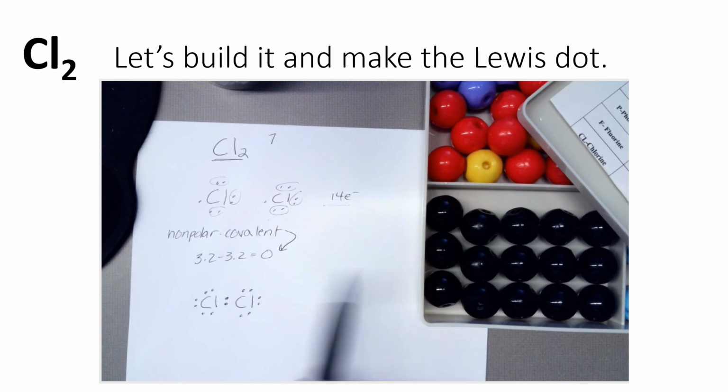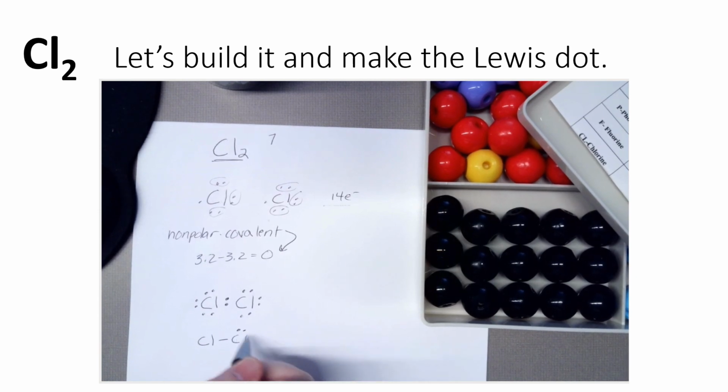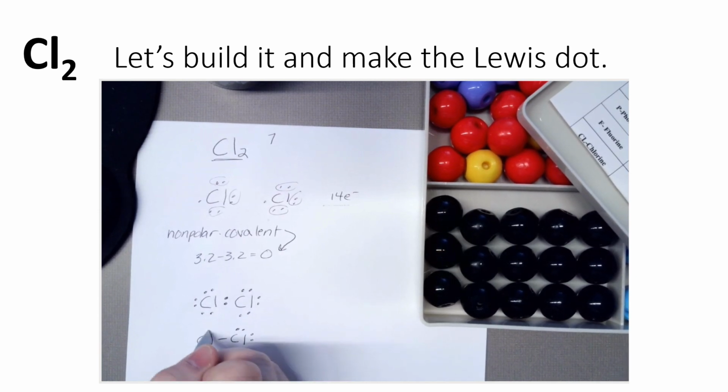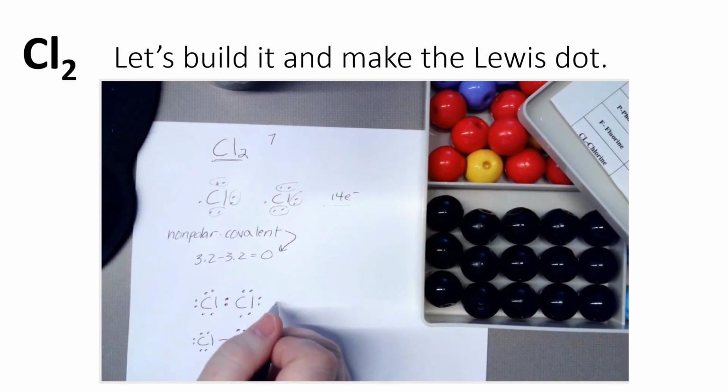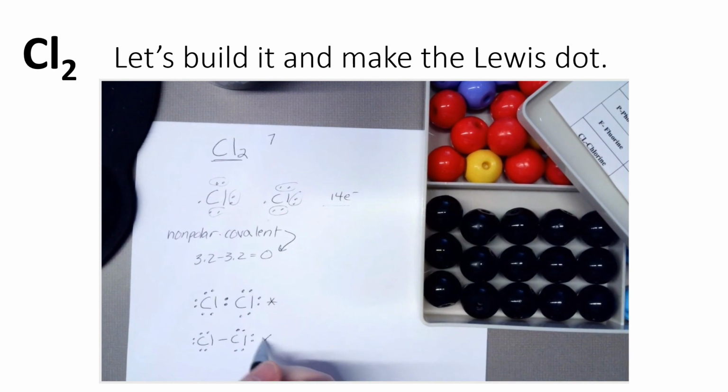So this is what it looks like. How else can you draw it? When you have the 2 electrons in between, you can represent them with a line, and I'm still going to add the already-paired, unbonded electrons like that. So this is correct and this is correct.